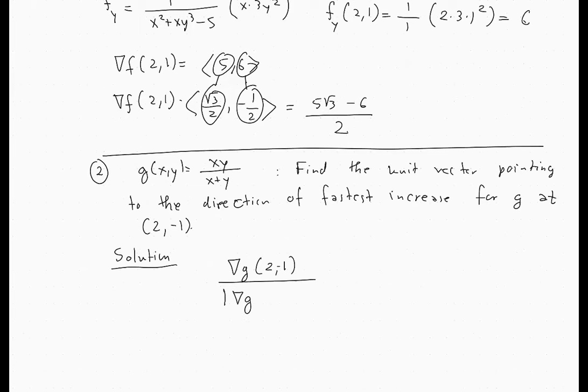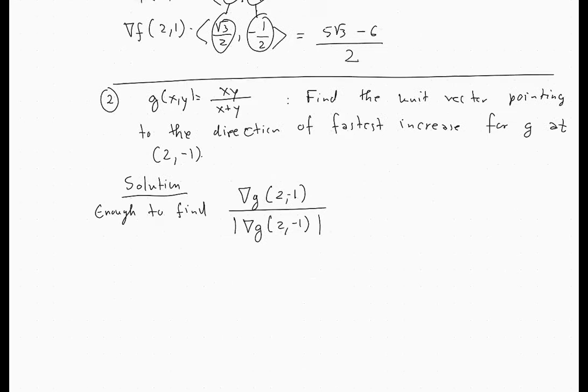So it's enough to find this. Again, in order to find the gradient, let's find the partial derivatives. So g sub x is going to be the derivative of the numerator, so that's y, times the denominator, minus the numerator times the derivative of the denominator, over x plus y squared.